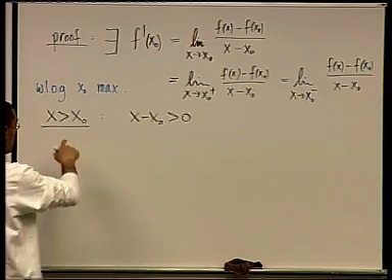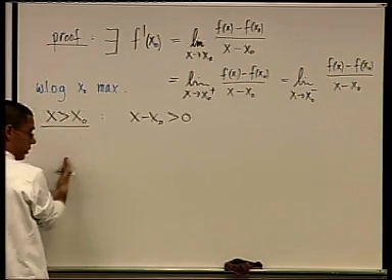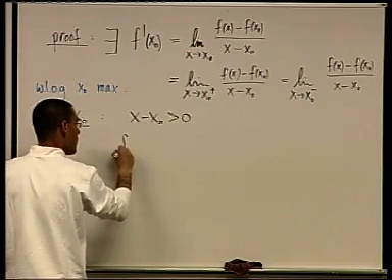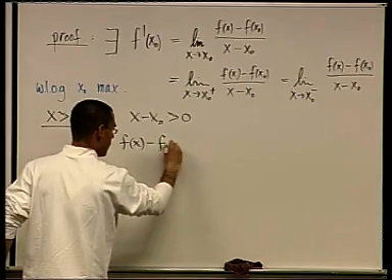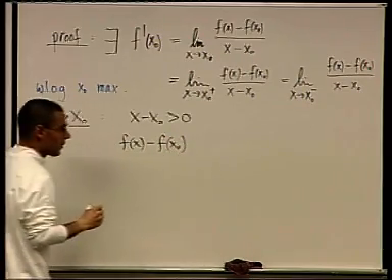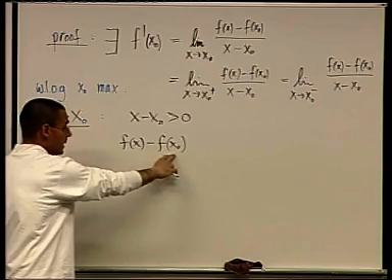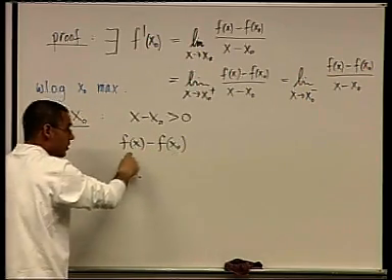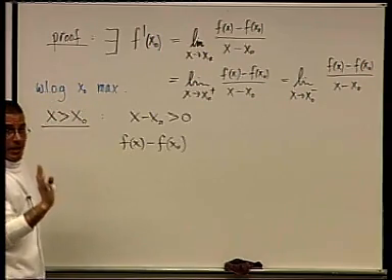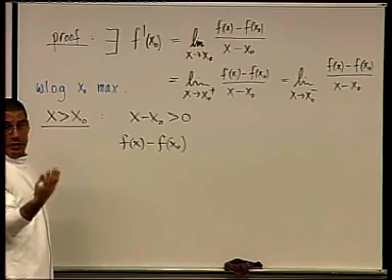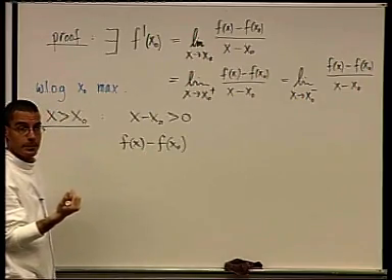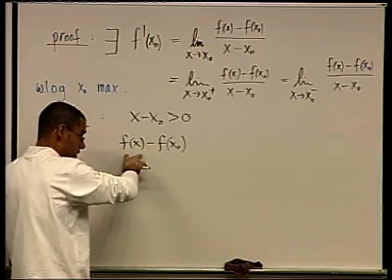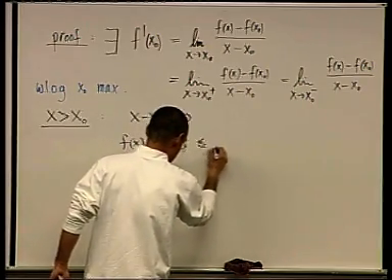So when x is greater than x0, when you're looking at x's to the right of x0, this holds. What about f of x minus f of x0? If x0 is a maximum, then f of x0 is greater than or equal to f of x for any x. Do you agree? That's the definition of x0 being a maximum. So this minus this is less than or equal to 0.